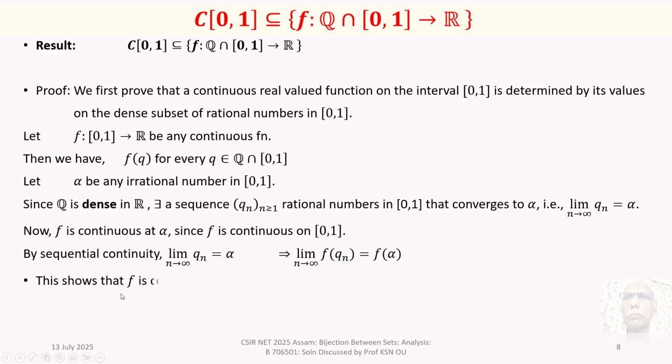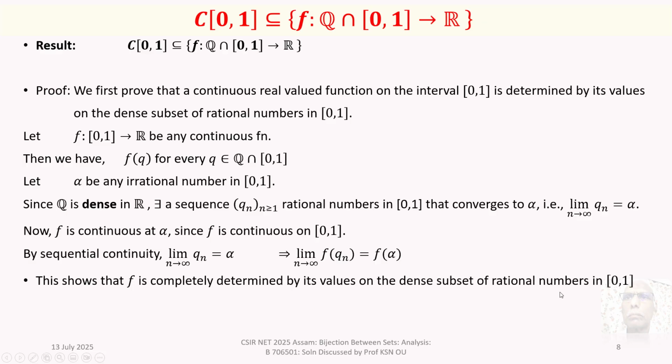So, this shows that F is completely determined by its values on the dense subset of rational numbers in [0,1]. So for each function in C[0,1], you can find an element here.